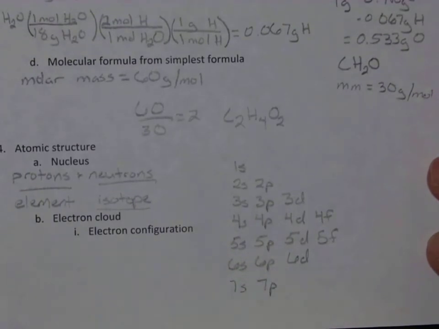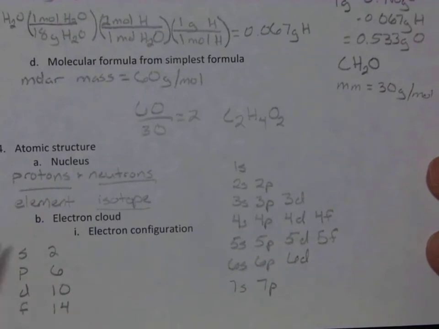Okay, so this is really our Christmas tree of electron shells. In any s orbital, we can get up to 2 electrons. In any p orbital, we can get up to 6 electrons. In a d orbital, we can get up to 10, and in an f, we can get up to 14 electrons.